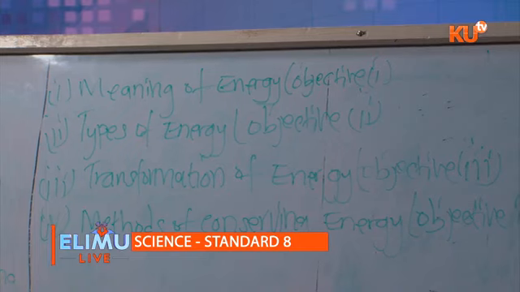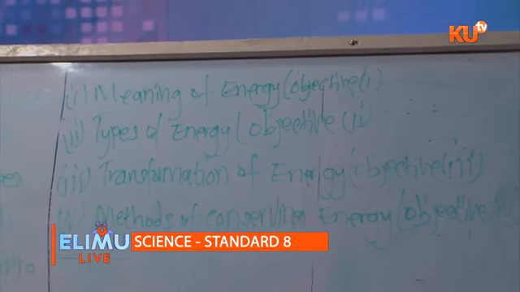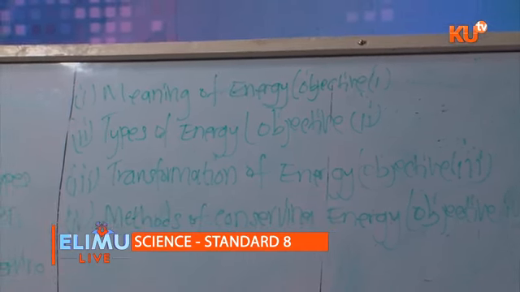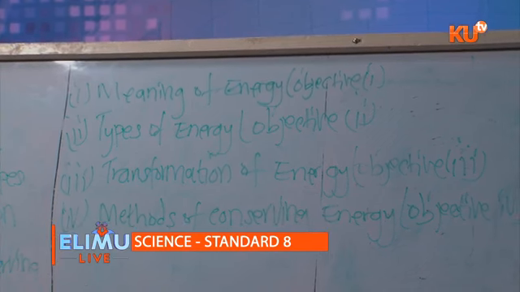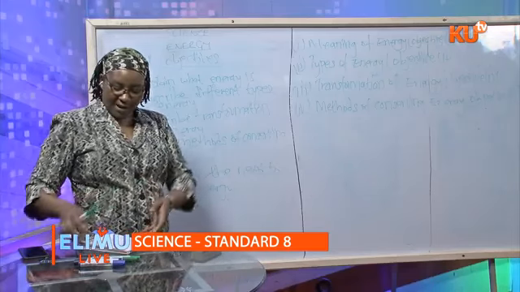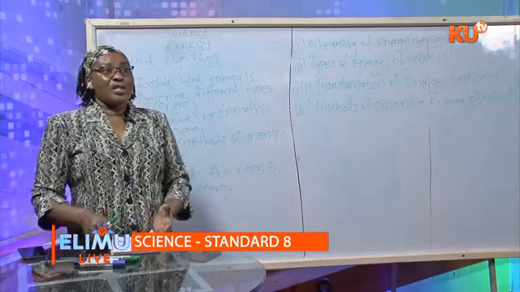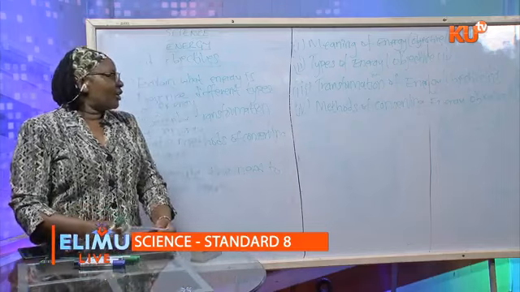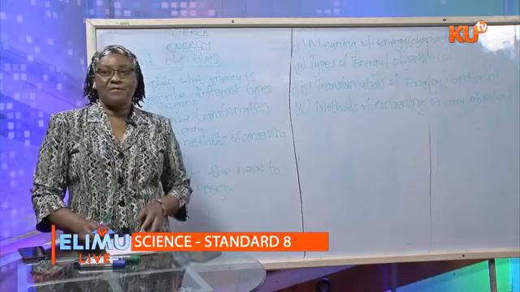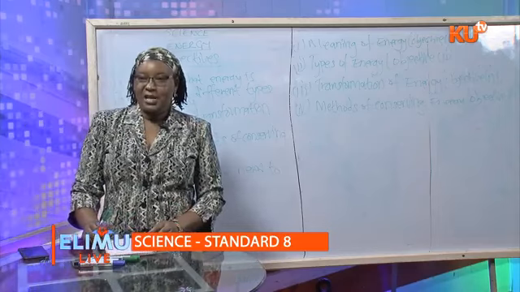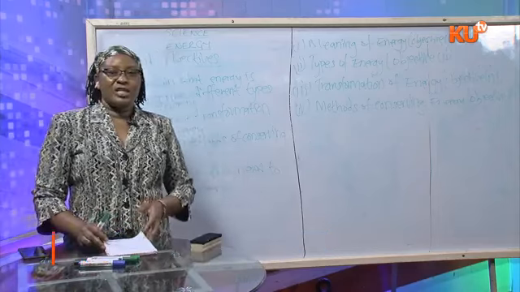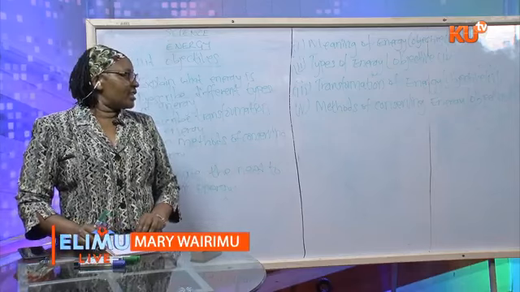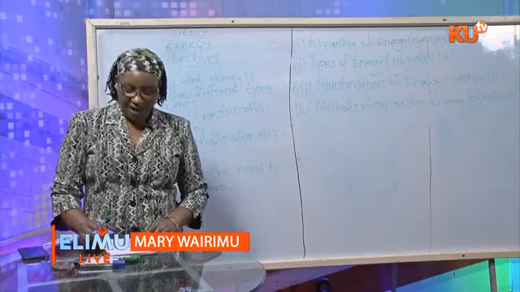It is up to the learner to be a better person, to be a better citizen, appreciate the need to conserve energy, because if we don't conserve energy, at one time we will not have that energy to use. And remember, we always thought that we should take care of nature, and nature will take care of us. And if we don't take care of that nature, obviously nature will not take care of us.